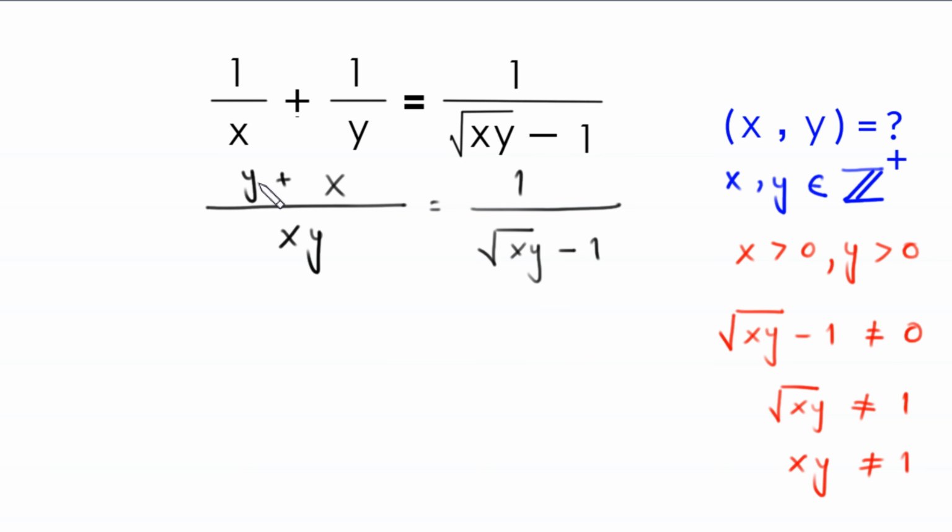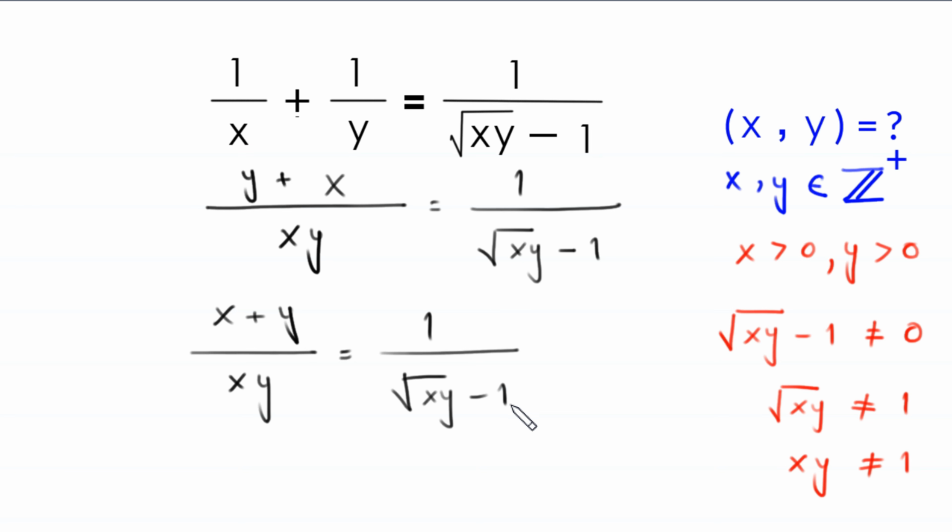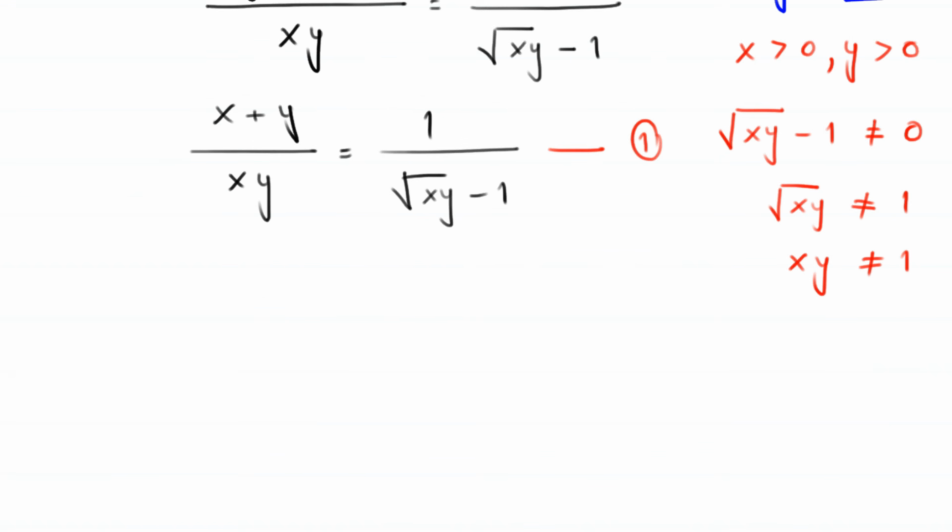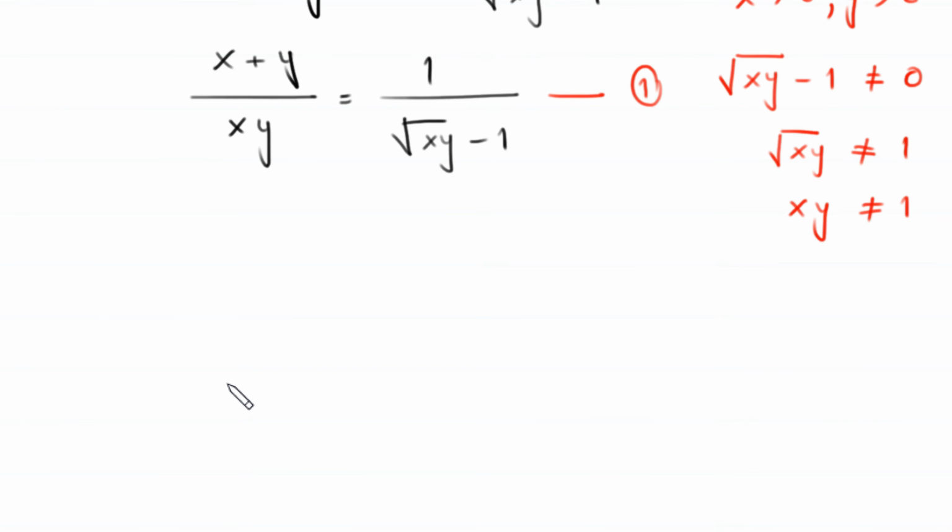We can write this y plus x as (x plus y) divided by x times y, equal to 1 divided by root xy minus 1. Let's call this equation number 1. Now we isolate this root xy.